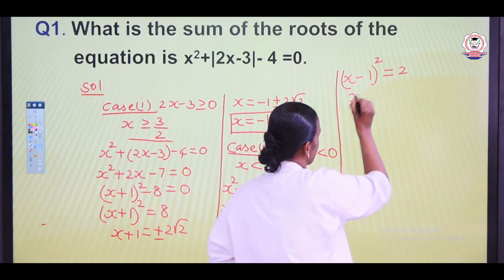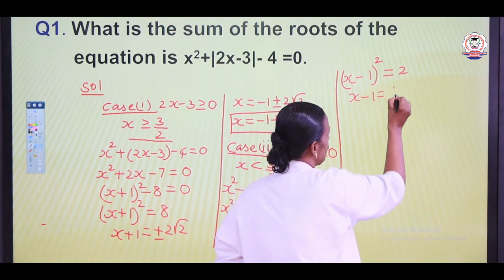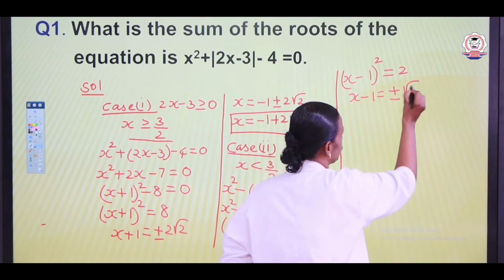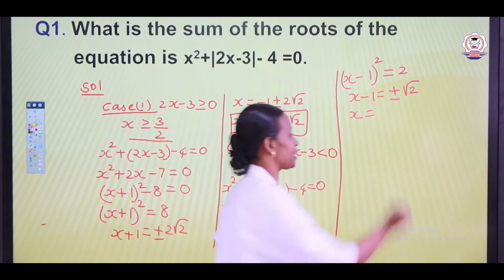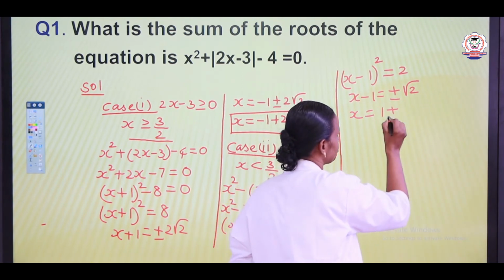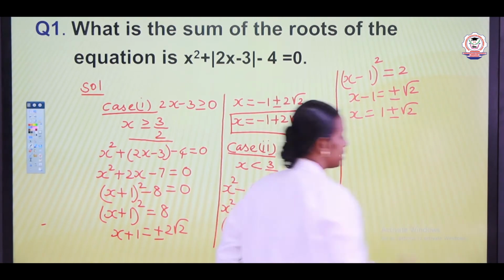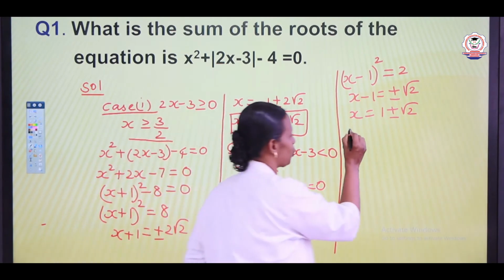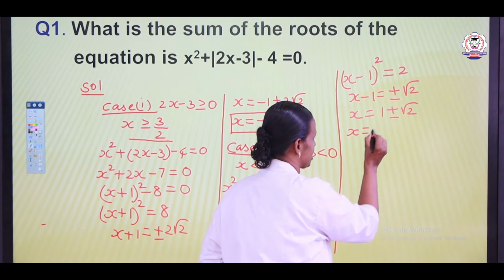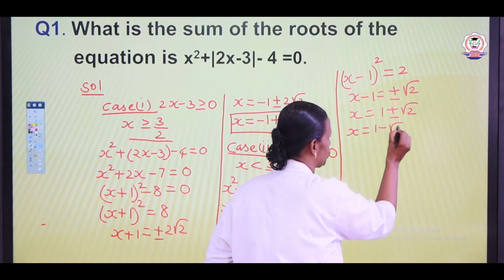So what is your x minus 1? That is plus or minus root 2. So what is your x value? x is 1 plus or minus root 2. Case 2 is x less than 3 by 2, therefore you have to take the value of x as 1 minus root 2.